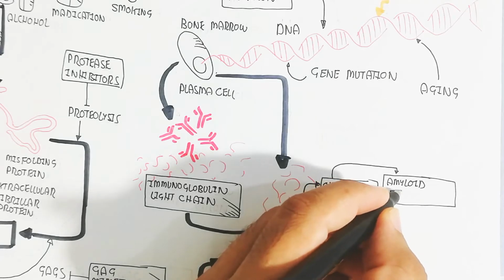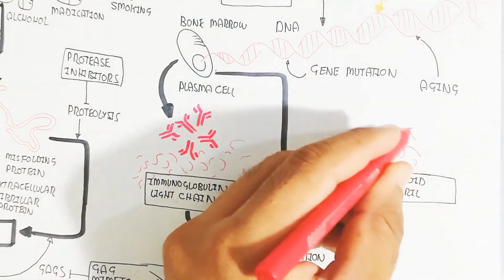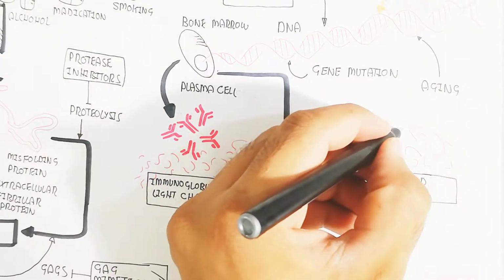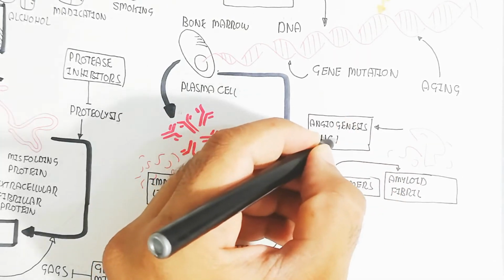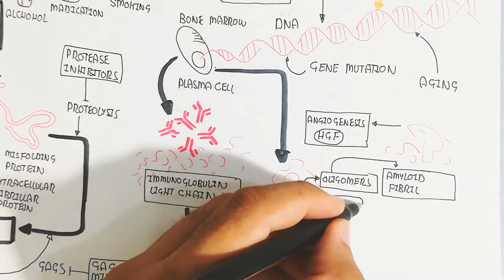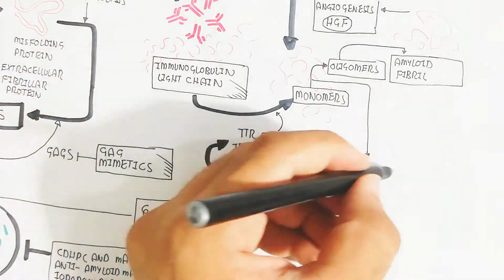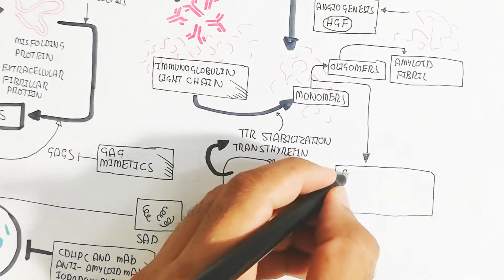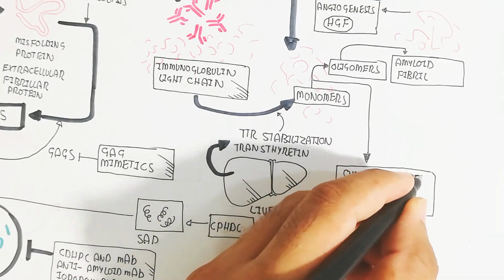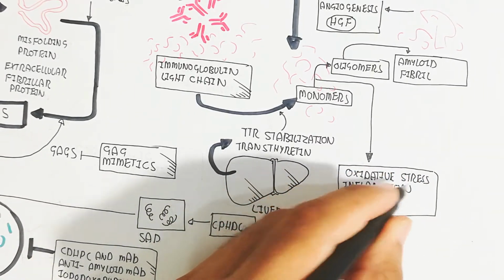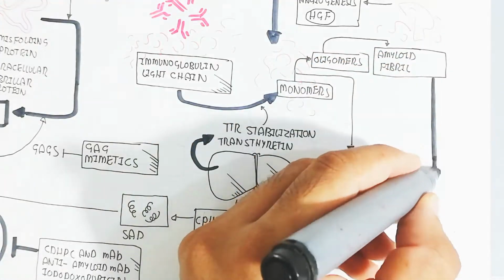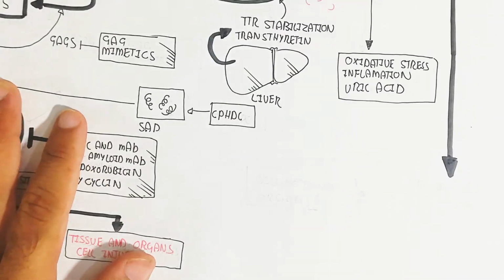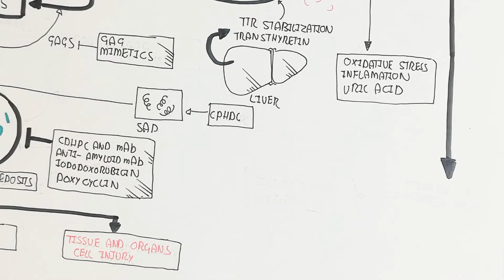And this amyloid fibril, in the presence of human growth factors, will lead to angiogenesis, the increase of blood vessels in unneeded areas of the tissues and organs. On the other hand, there is oxidative stress, inflammation, and uric acid increase due to these monomers.